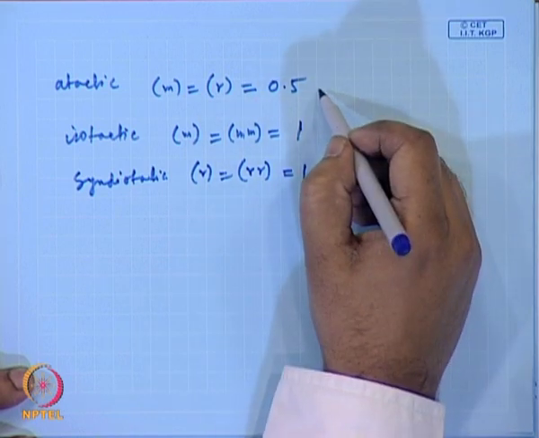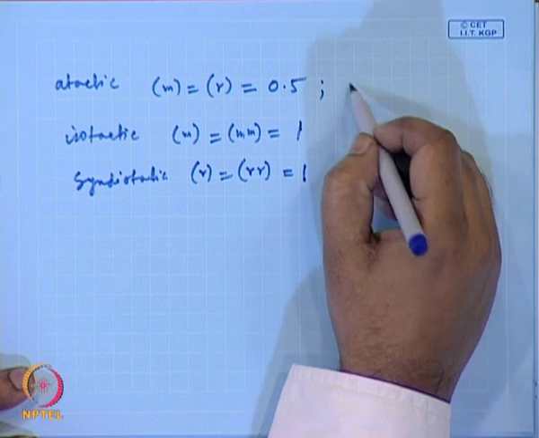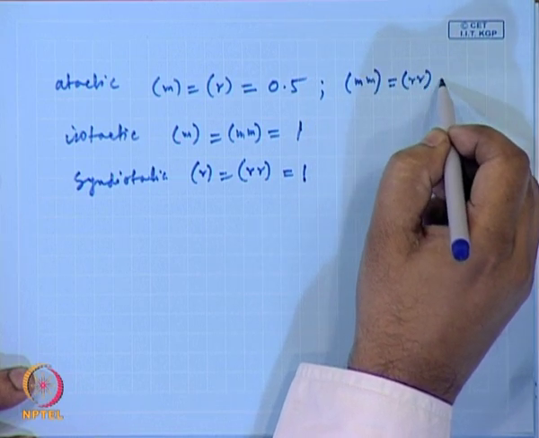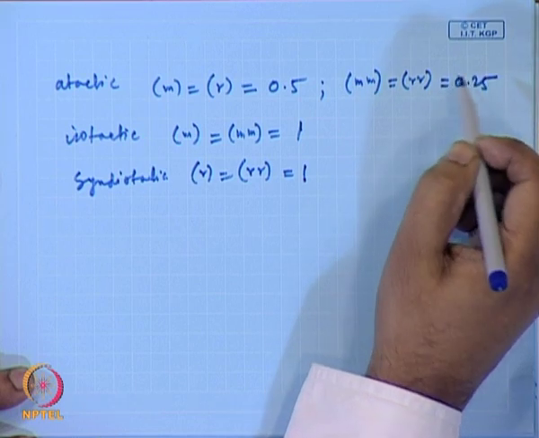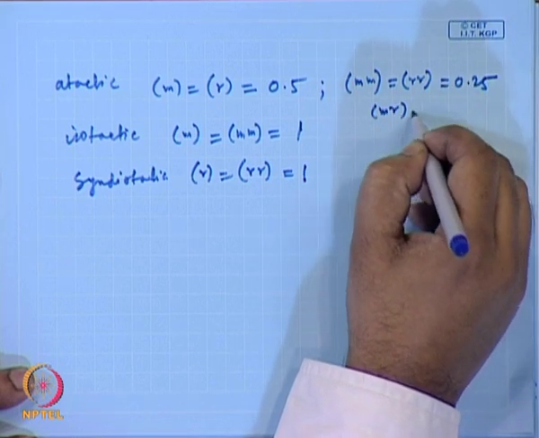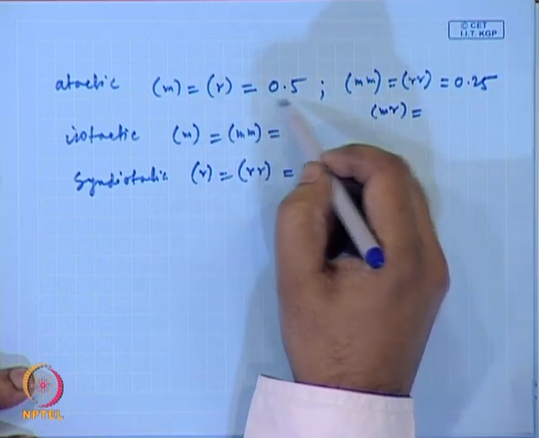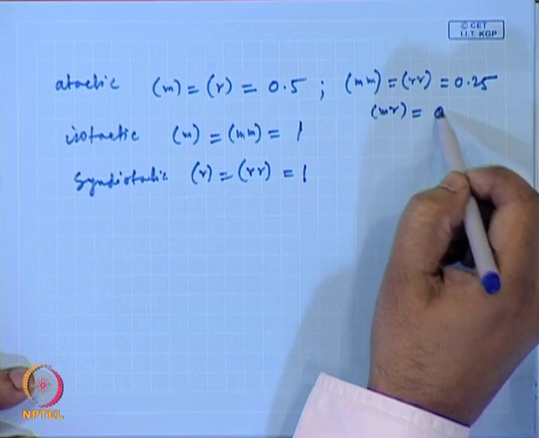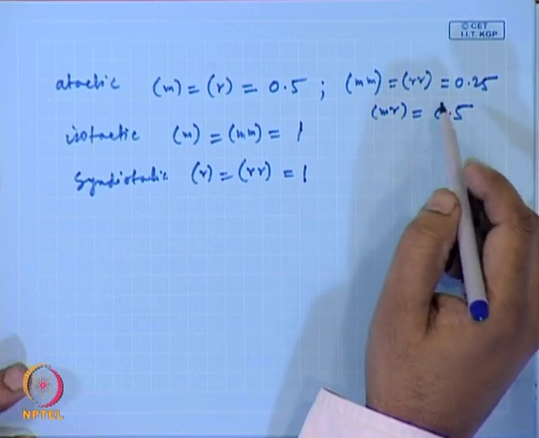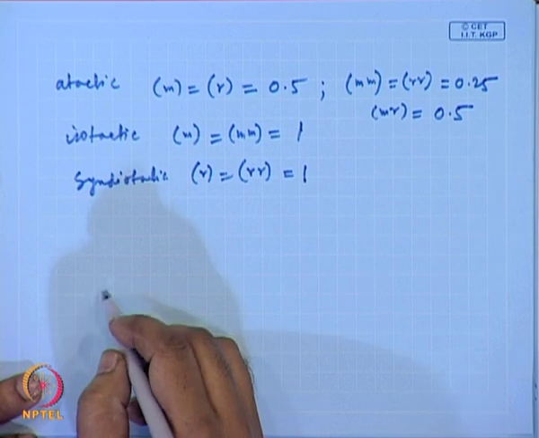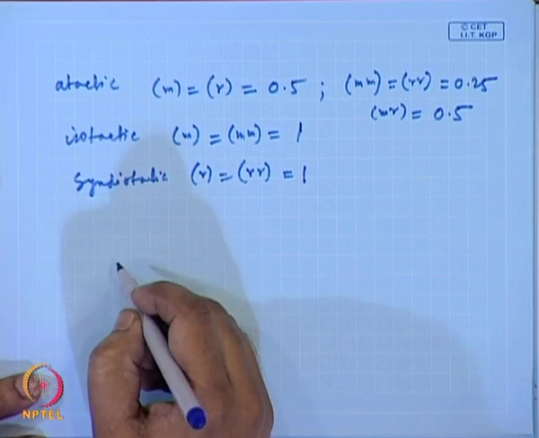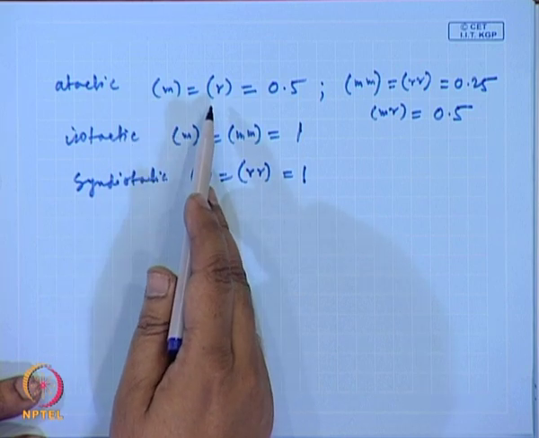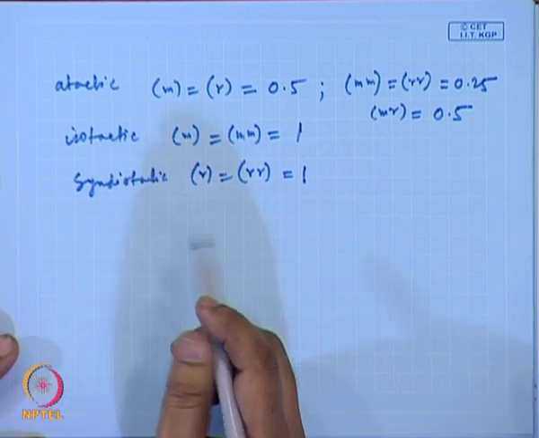Now, in case of atactic, you can also write MM and RR as 1/4, whereas MR, if you have this 50-50, then obviously the MR triad will be half. So, you can write this. What we can do is identify this M and R from spectroscopic techniques like NMR.